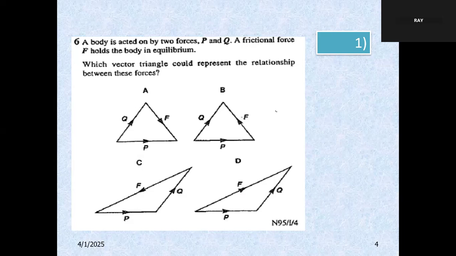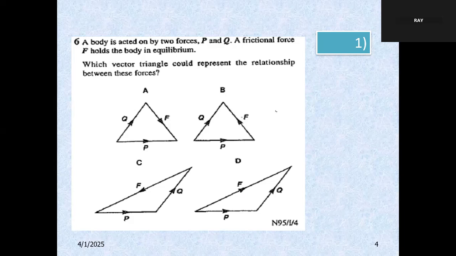What's the answer? C. Either C or A? You must be sure in the exam.